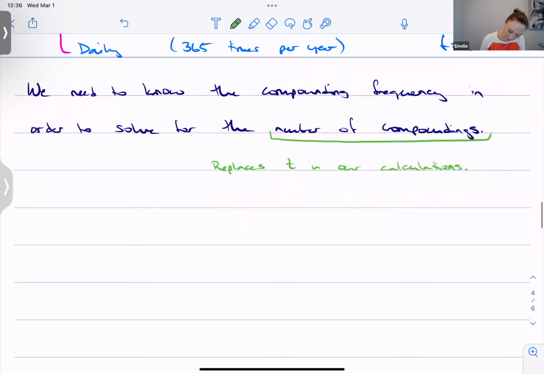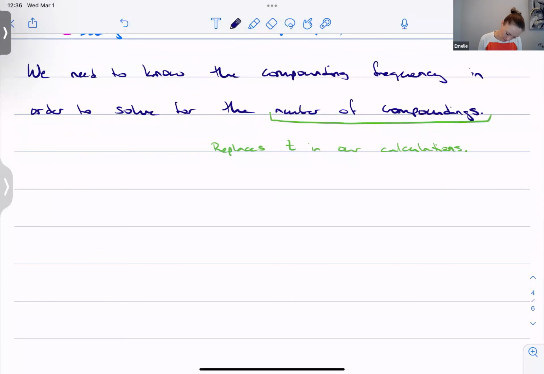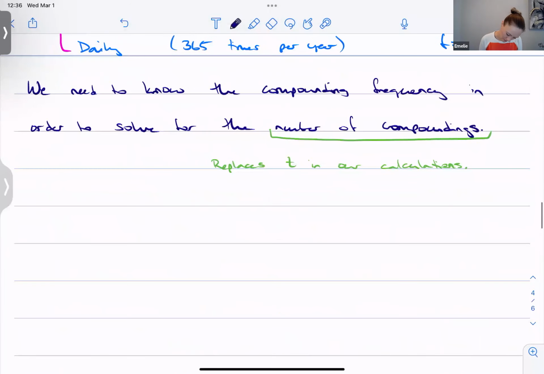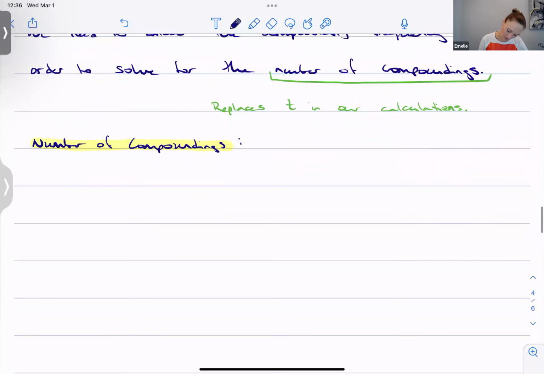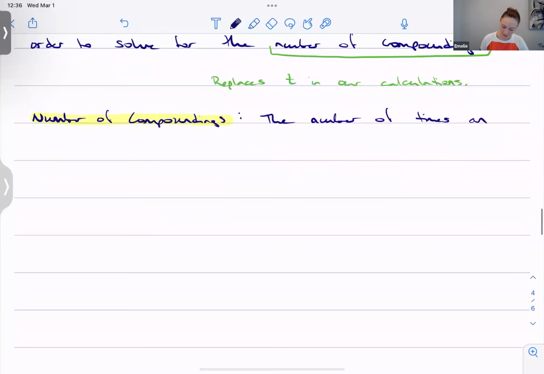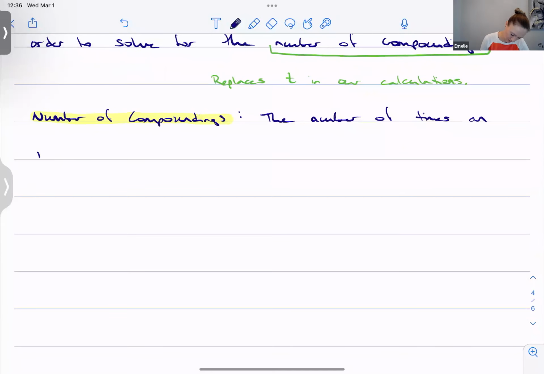So the number of compoundings is the number of times the investment, or loan, I guess, is compounded over the term.